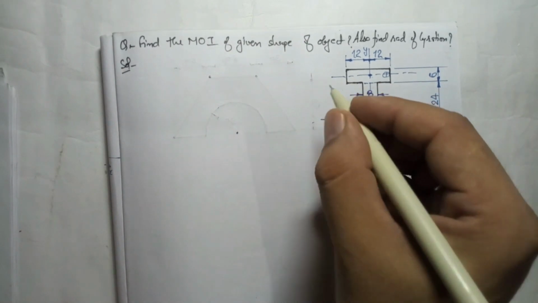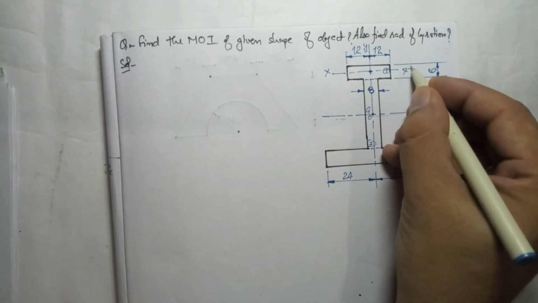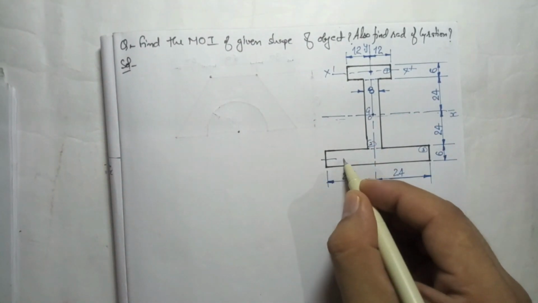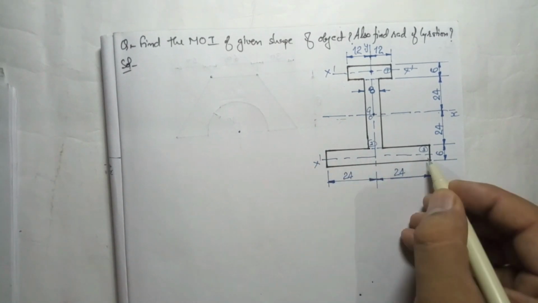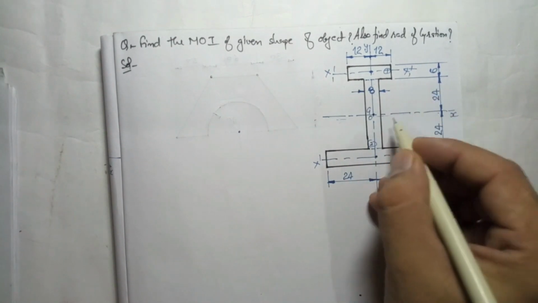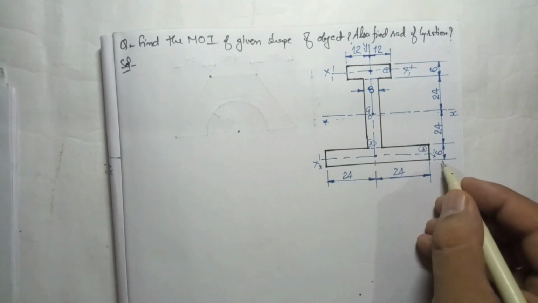We know that it is the x dash axis for this one, and the same for the second and the third object. As these are rectangles, this is 3 only.